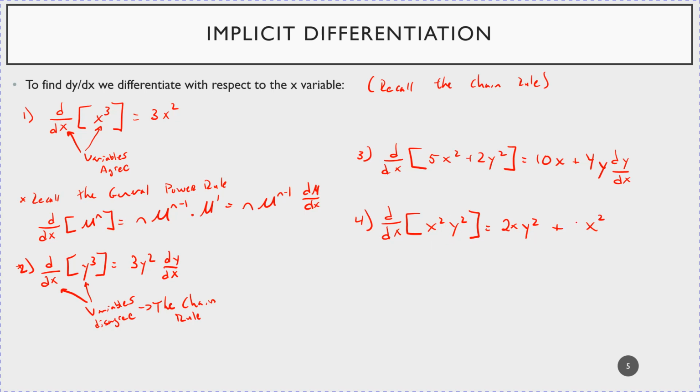The 2 comes down, the y becomes y to the first power, but since I differentiated with respect to x, you tack on this dy/dx. Really important: whenever you're differentiating the y, use the general power rule, and instead of writing y prime, it's just dy/dx.